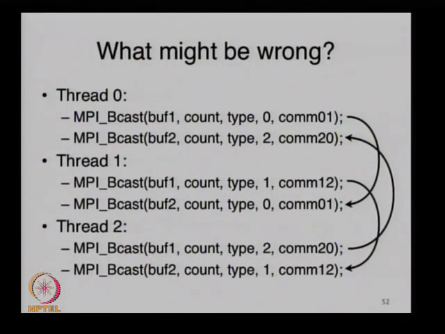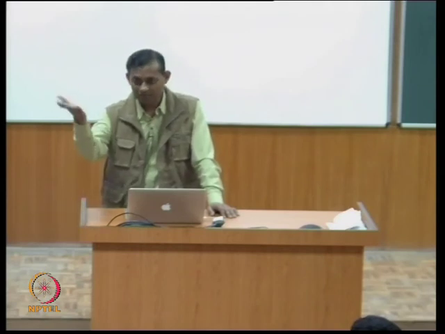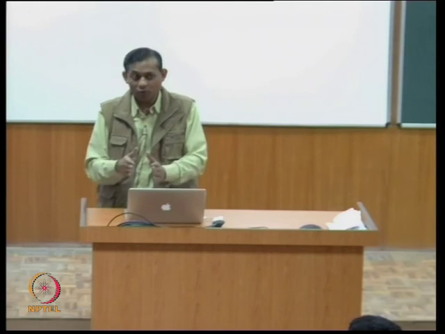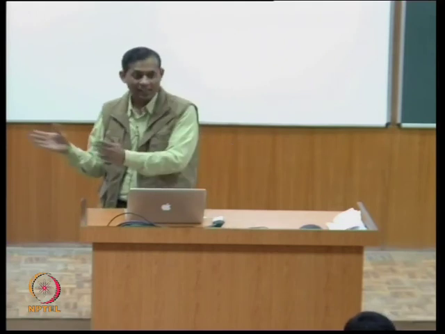All right. So one final question about broadcast. Why is it that you have to say, I want to receive broadcast only from root number 0? In send and receive, you could have said any sender, any tag.